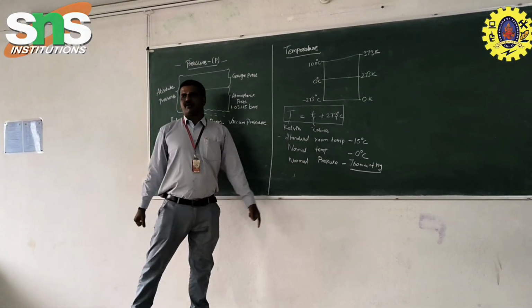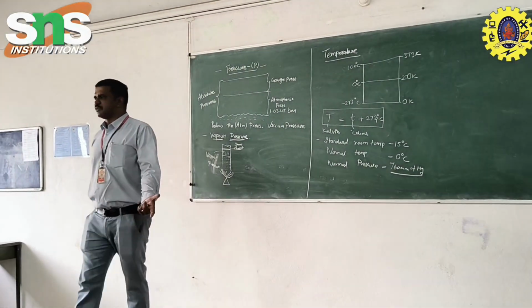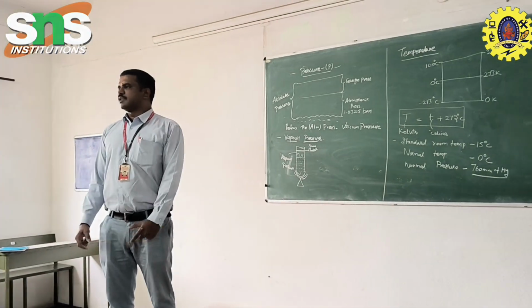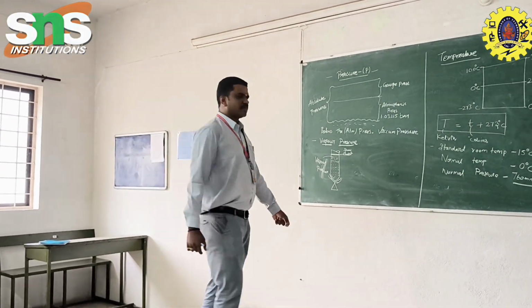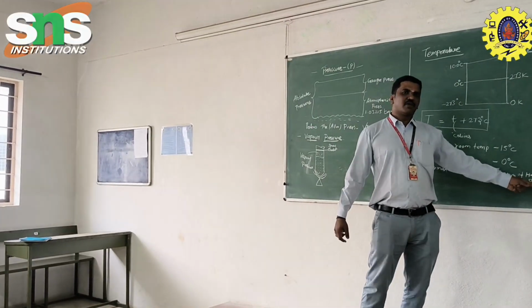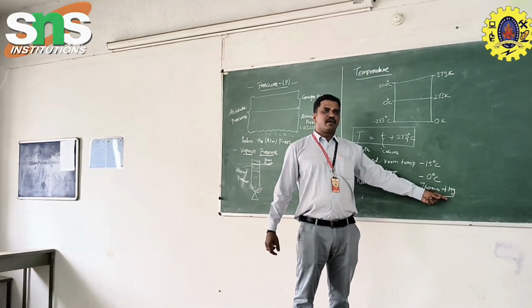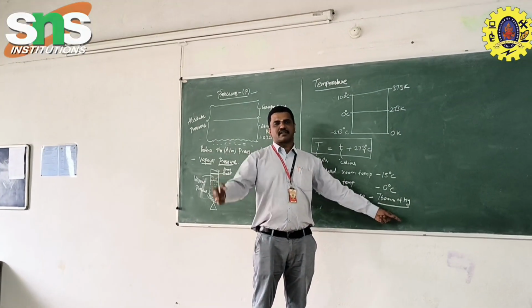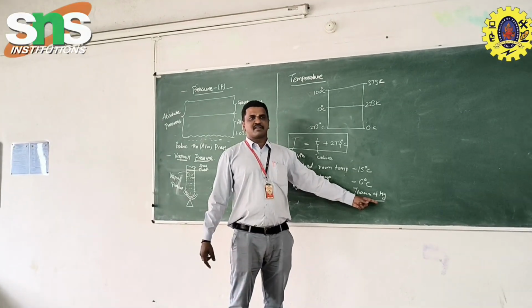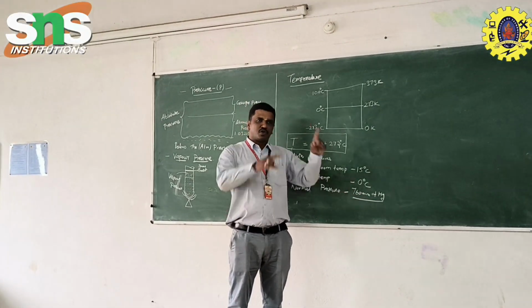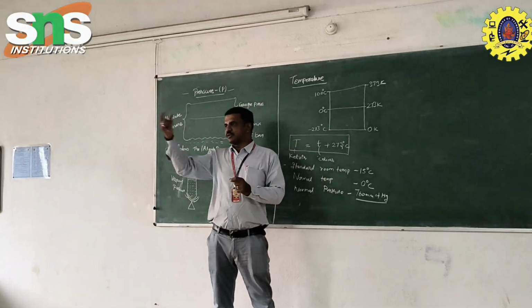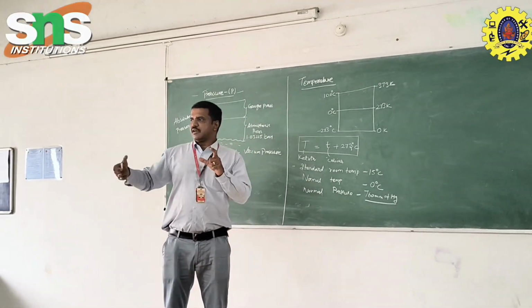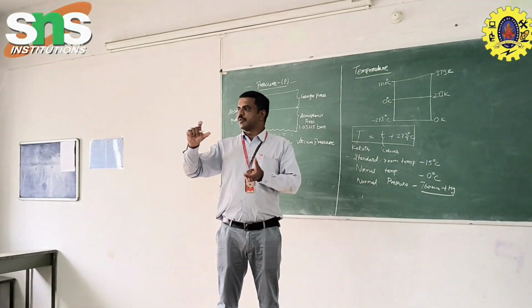So what does 760 mm of Hg mean? Hg means the mercury level. We already did our experiment in our last class in the fluid mechanics and machinery laboratory. Did you see the U-tube manometer attached to the vernier equipment?